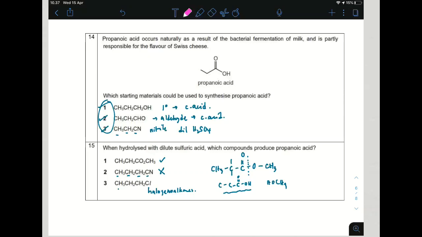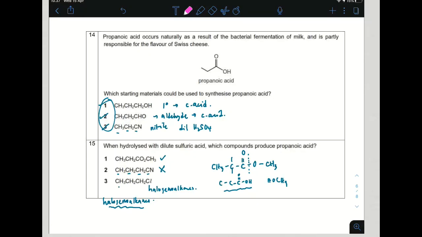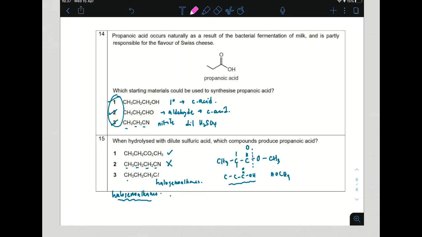There are a few reactions involving halogenoalkanes that you need to remember. The first reaction is that they can react with KCN. They can also react with sodium hydroxide, aqueous.